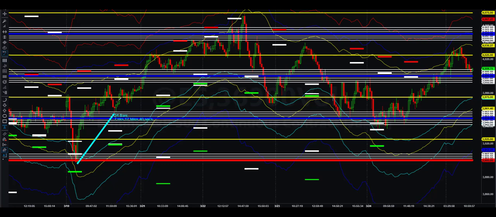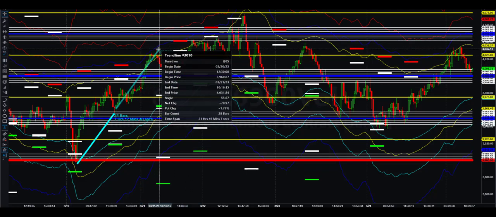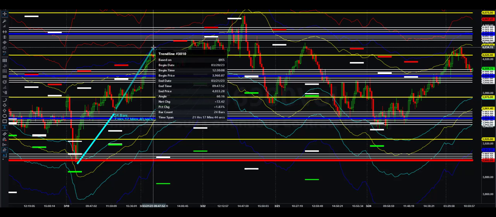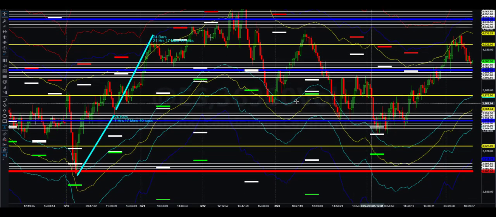Let's do it from here. 24 bars. Now you can see, now you can time the market because of this.